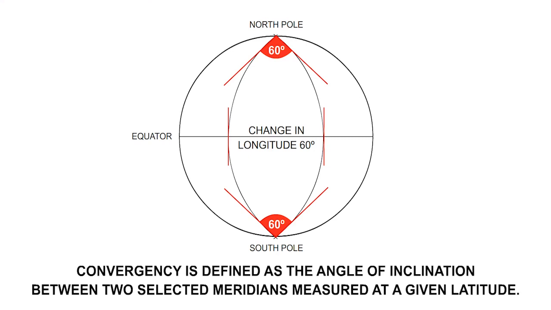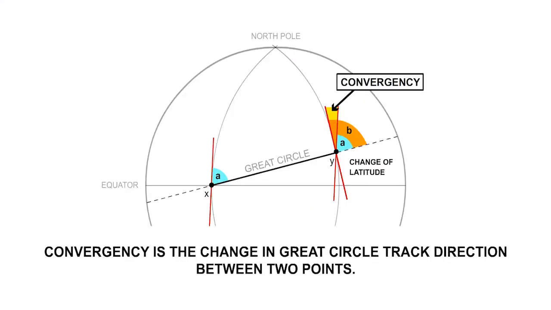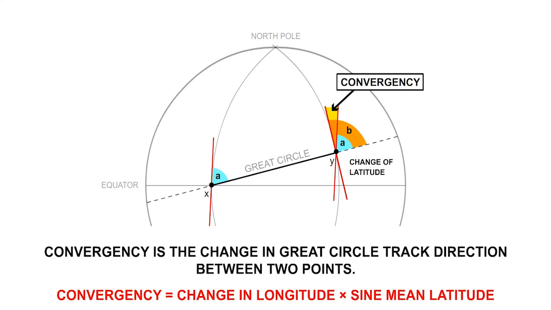Convergency is also the change in great circle track direction between 2 points. The formula to calculate convergency is convergency equals change in longitude times the sine of the mean latitude.